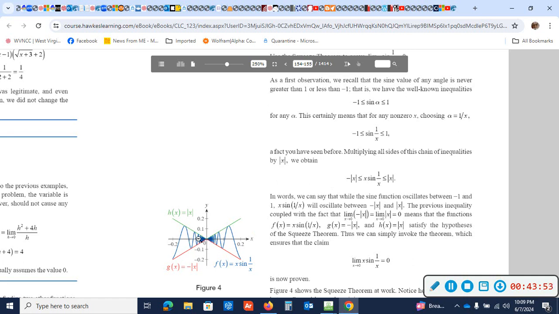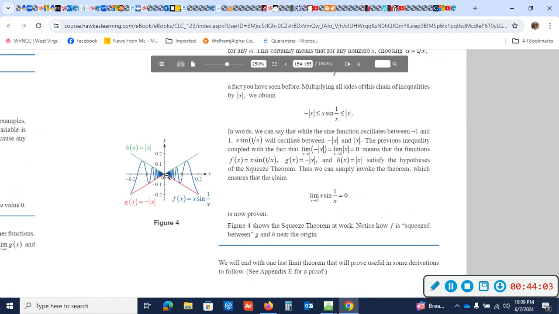So this bad boy's bouncing up and down all the time, but it still bounces up and down sandwiched between these. The squeeze theorem tells us that the limit of this weird function is the same as the limit of the bigger function and the smaller function, this one is too big and this one is too small. They're both 0, so the one stuck between is also 0.